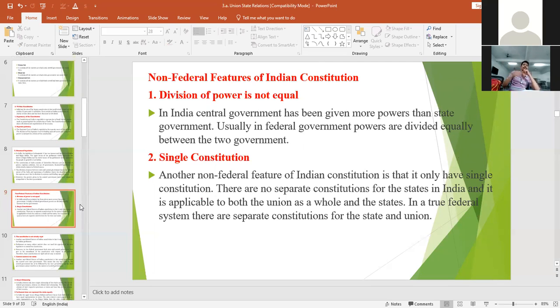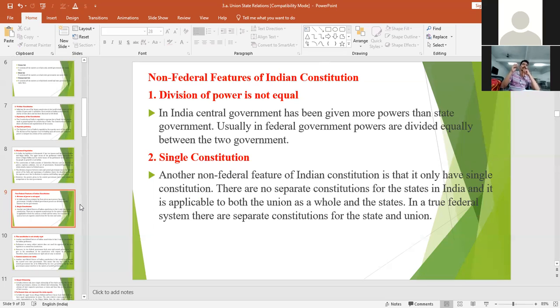First, the division of powers. Yesterday we discussed the division of powers between the center and the state. That is the federal feature. But here the division of powers is not equal. There is a partiality in the division of powers between the central government and the state. For example, the central list includes the postal service, foreign affairs, the railways, and the military.